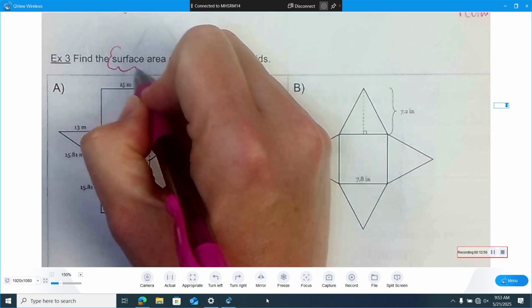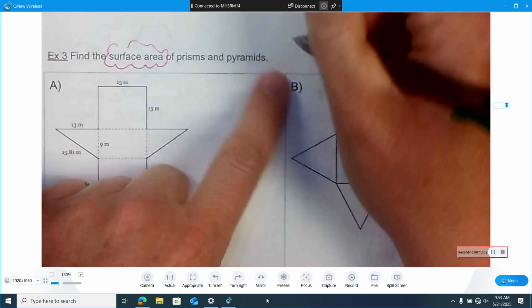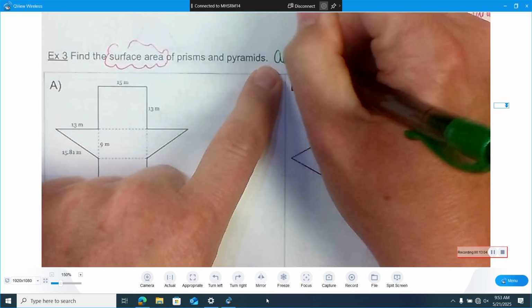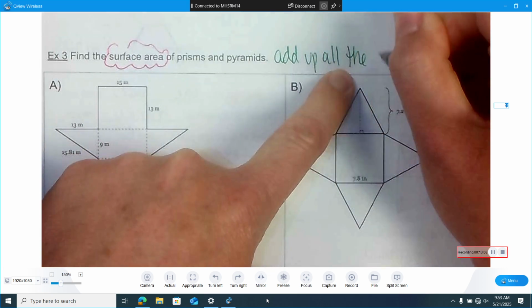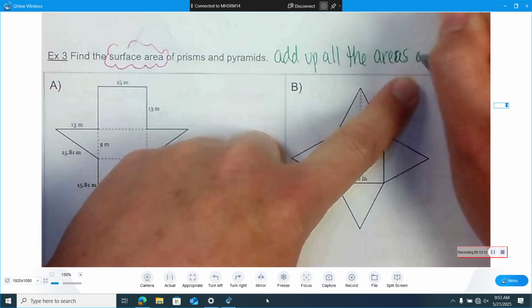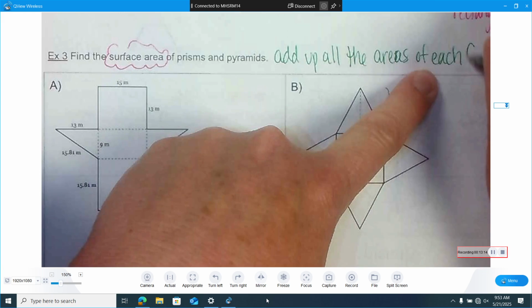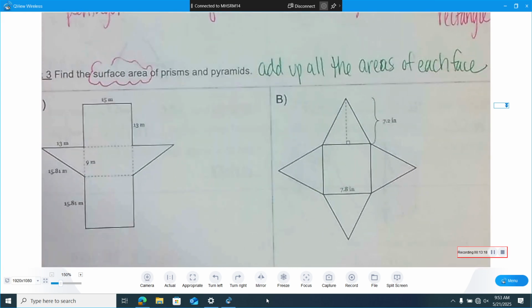And of course, if we're trying to find the surface area, we really just need to add up all the areas of each face.